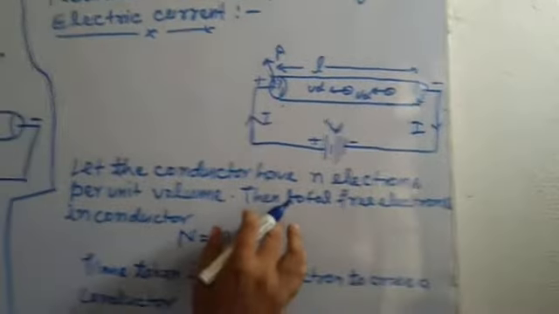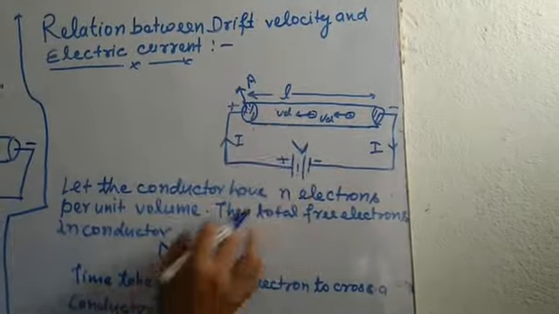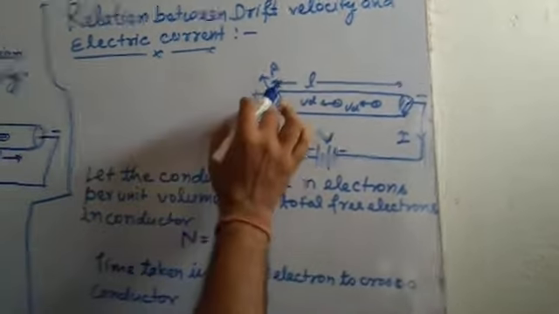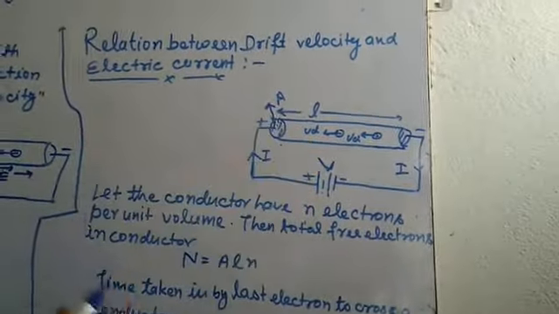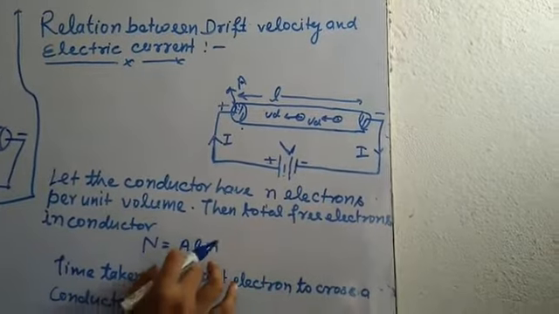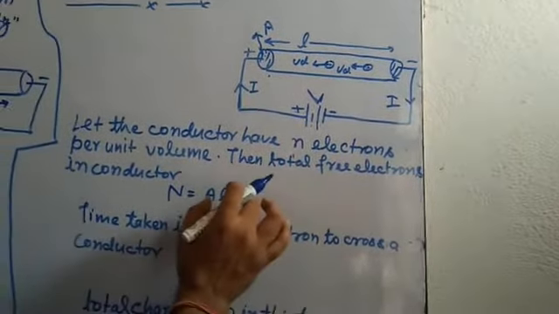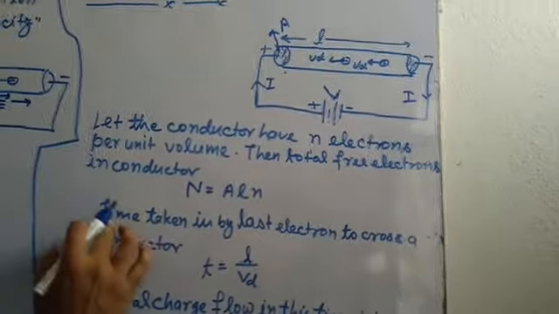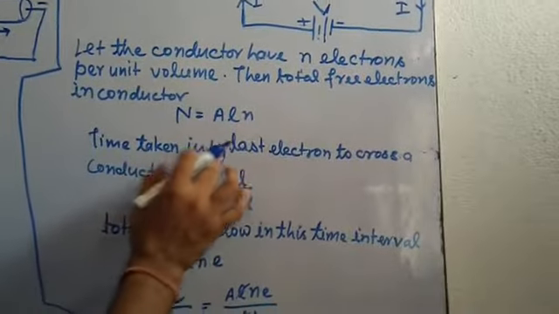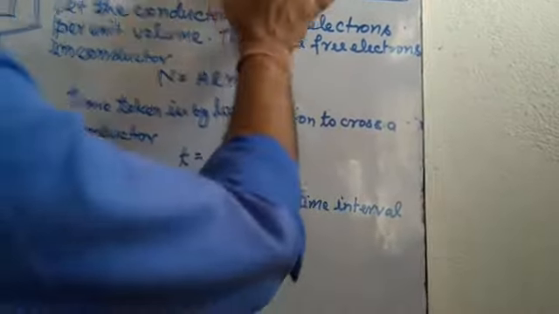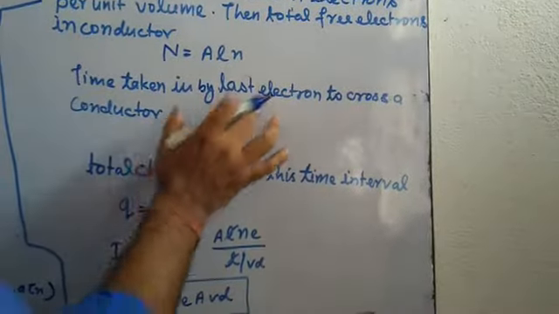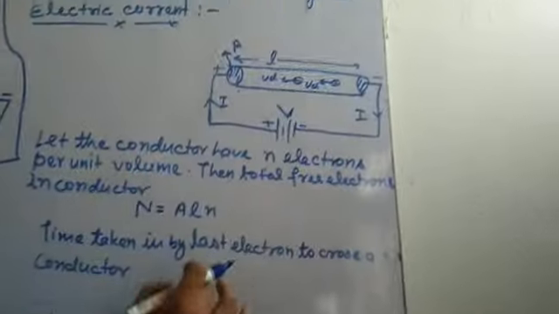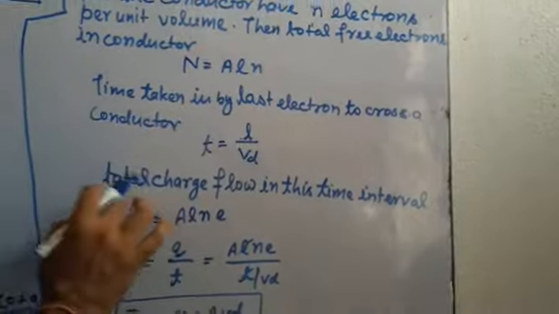Then the total free electrons in the conductor is volume times n, where A is the cross-section area of the conductor and L is the length, so A L n. The time taken by the last electron to cross the conductor, T equal to the length of the conductor L upon drift velocity Vd.